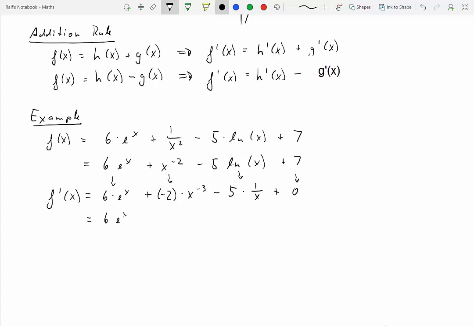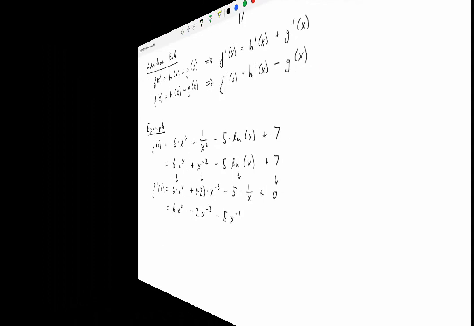We can rewrite some bits: the second term will be negative 2 times x to the negative 3, and then negative 5 times x to the negative 1, and then 0.